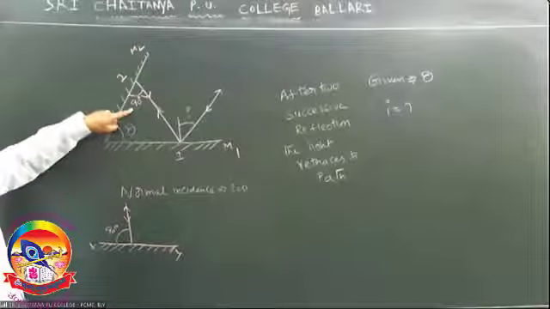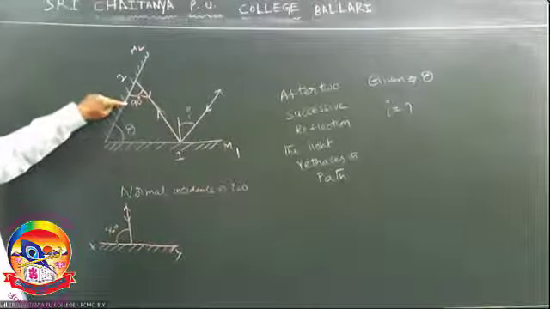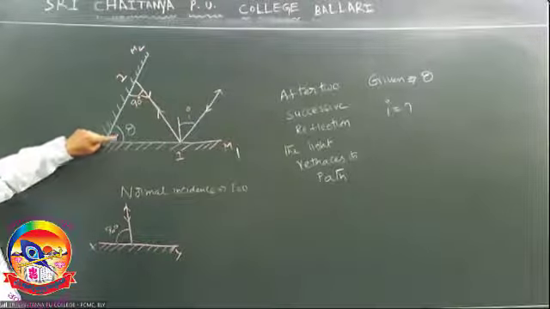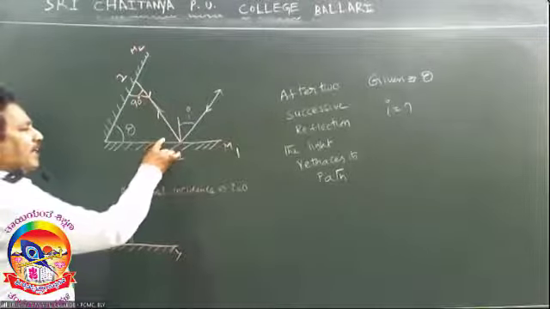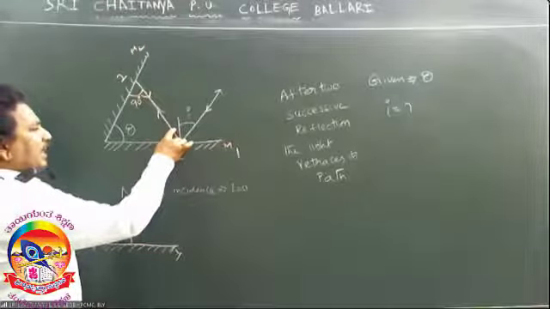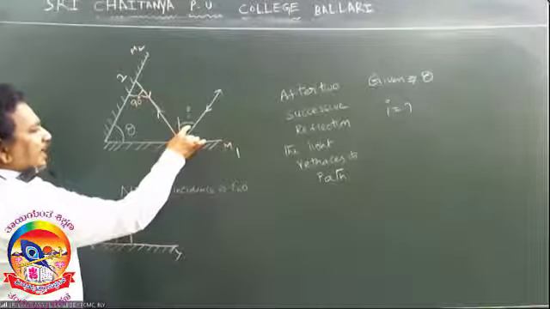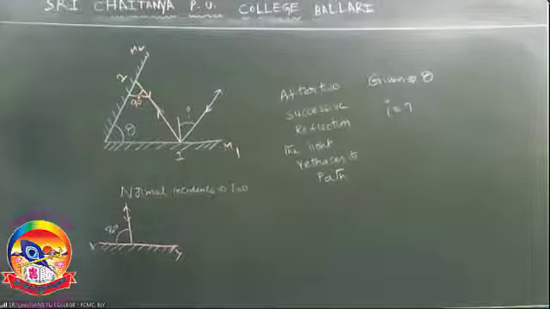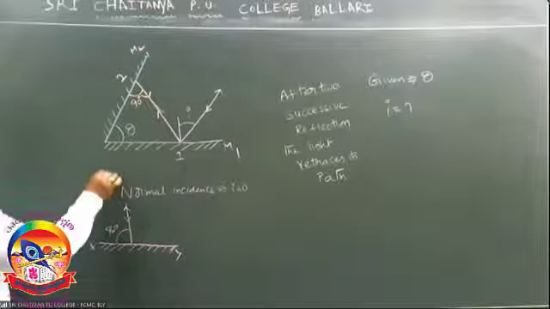Then only it will retrace for normal incidence. Now I know this angle. I will find out this angle. Automatically I will get this angle. So just the geometry, no calculation.